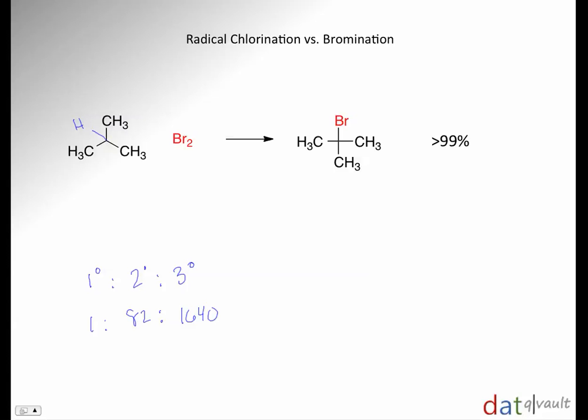So because of this, the reaction is going to be far less exothermic. So because the reaction is going to be less exothermic and it has a lower activation energy barrier, it's not going to react as fast, and it's going to wait around for the tertiary radical to form versus reacting super fast with either a primary or secondary radical, because the bromine radical is just far more stable.